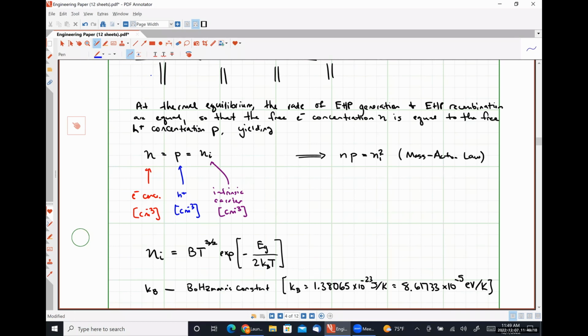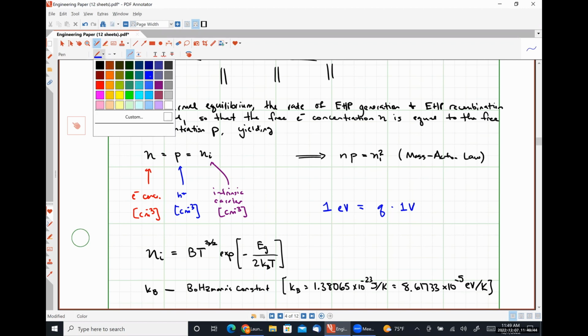So 1 electron volt is defined to be the charge of an electron, Q, and I'll give you a number for that in a minute, multiplied by 1 volt. That is what an electron volt is.